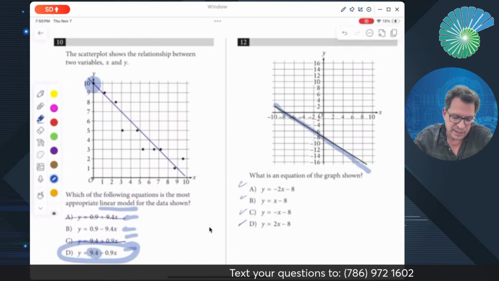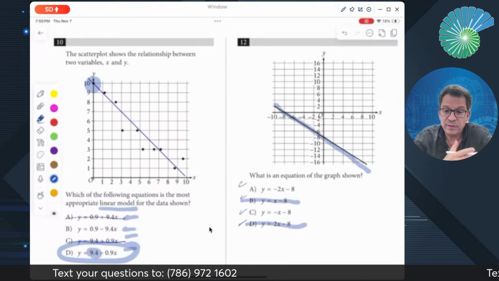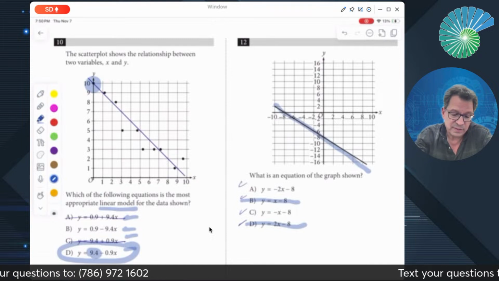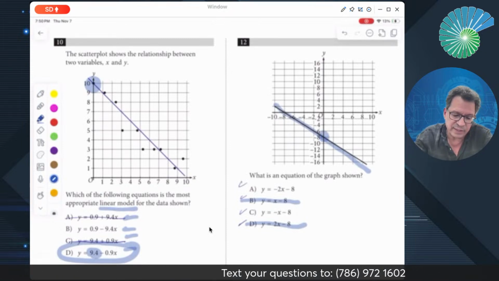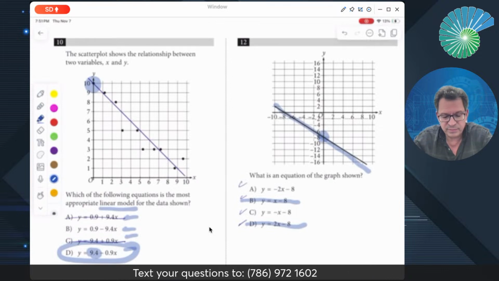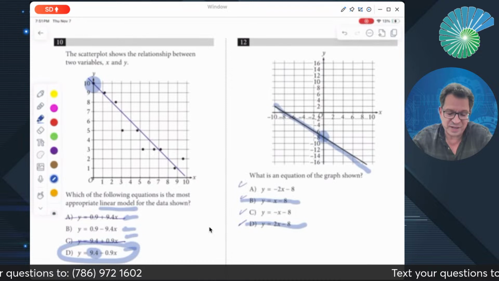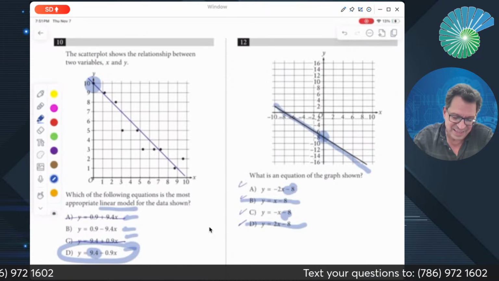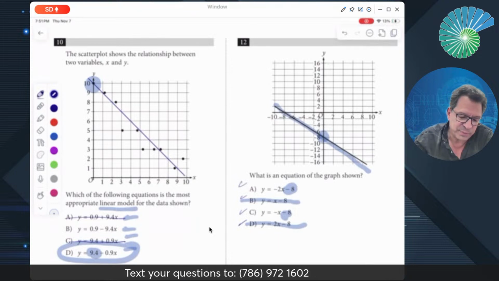So immediately I eliminate this choice and this choice because they have positive slopes. The y-intercept of the line looks like -8. Well, if it's -8, it really doesn't help me because they both have the y-intercept of -8. And in this case, I'm going to have to find the actual slope.